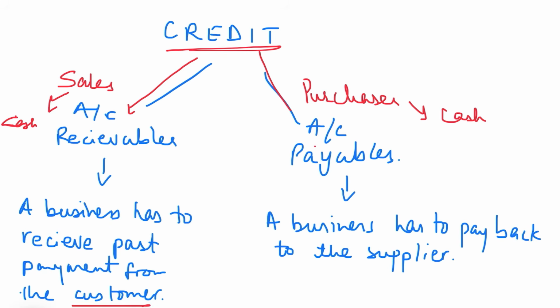And on the other hand, credit purchases are called accounts payable. A business has to pay back the supplier. Correct? You have to understand this, because I have written it in easy wording so that you can easily pick up this topic, which is related to accounts receivable, accounts payable, credit sales and cash sales, and credit purchases and cash purchases.